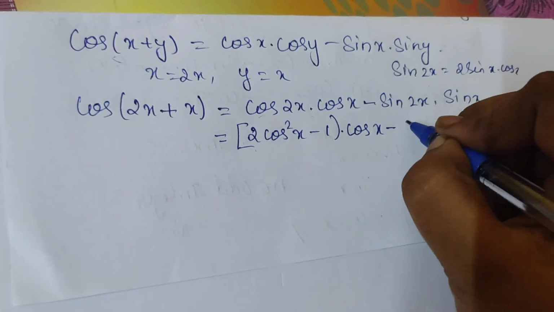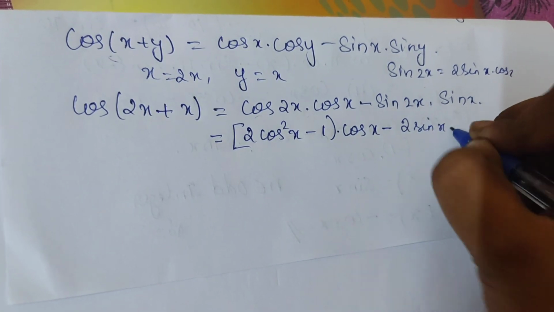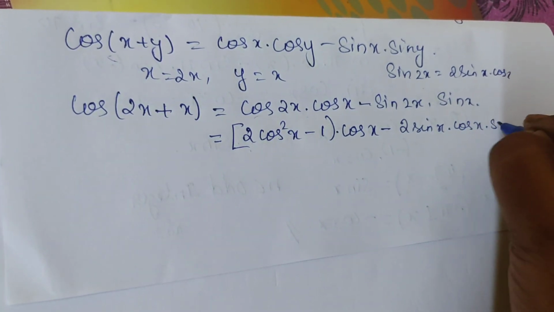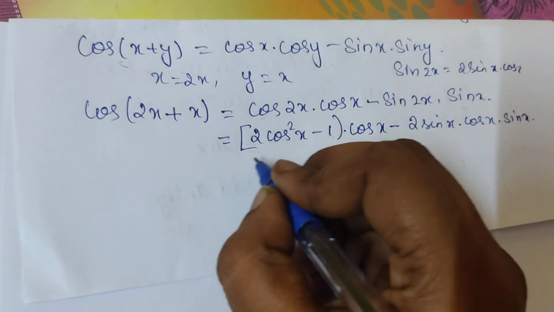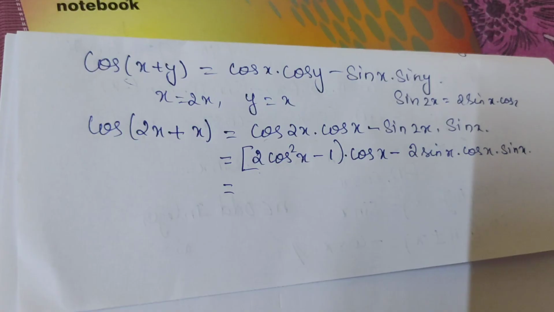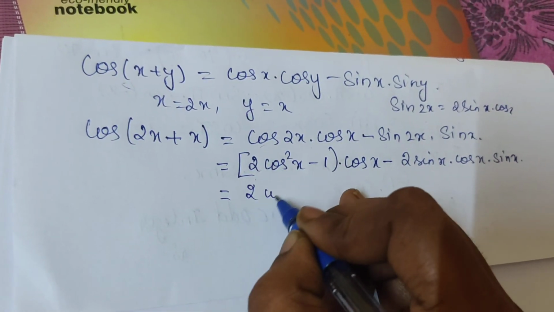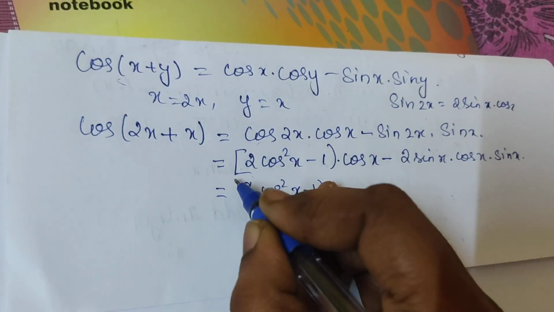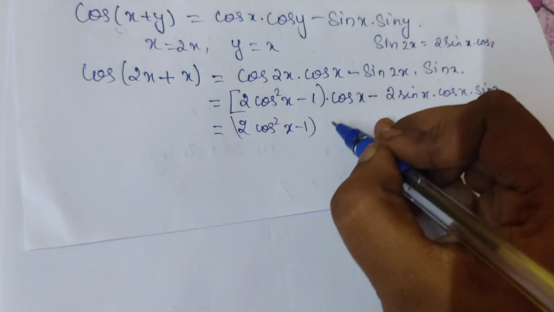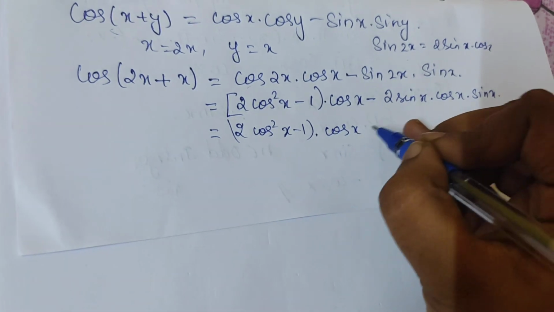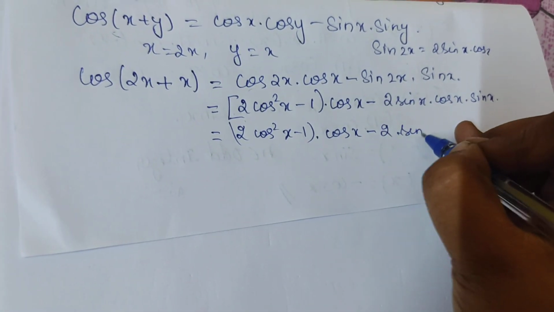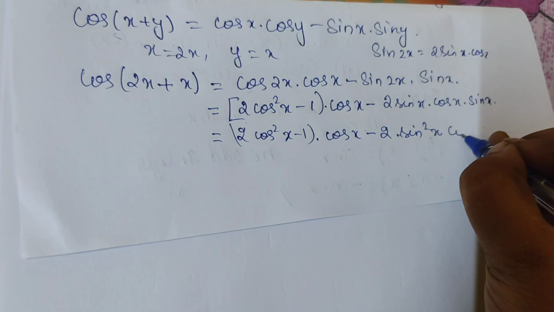So we will get 2 sin x into cos x into sin x. So now we will get 2 cos square x minus 1 into cos x minus 2 sin square x into cos x.